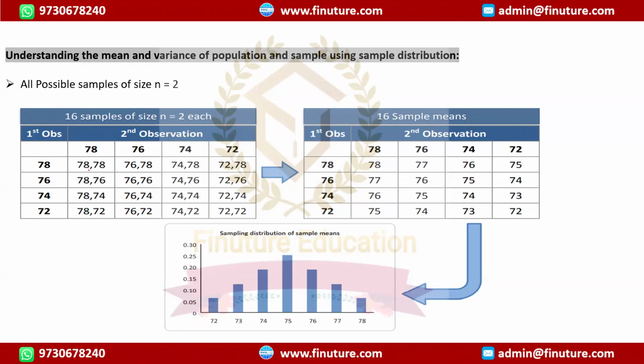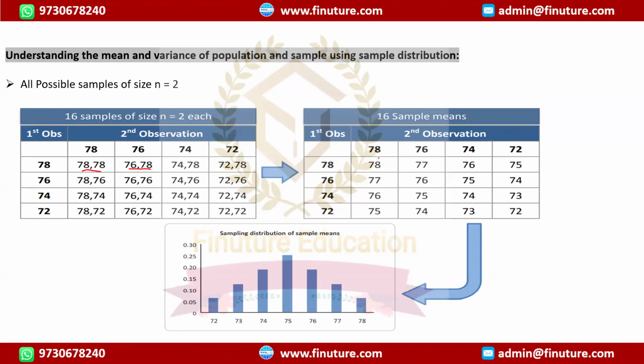Now, if I calculate the mean of this sample, for the first sample my mean would be 78. For the second sample, my mean would be 77, the midpoint of these two. Likewise, you can do it for all 16 blocks in this matrix.